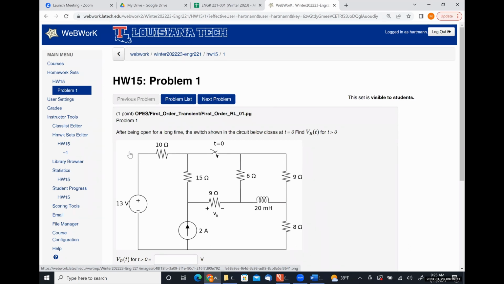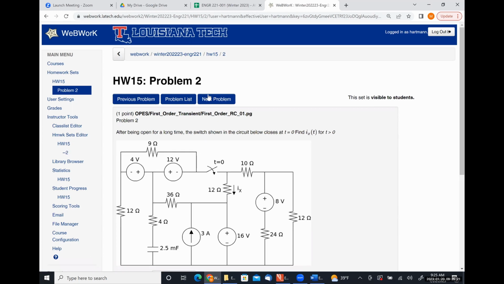The transient analysis part of it is the same as everything that we've been doing. And it's the same for these other circuits as well. They're just larger and more ugly because they have more nodes and more meshes. But the fundamentals of it literally do not change.